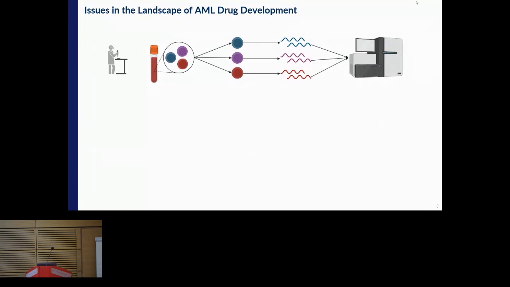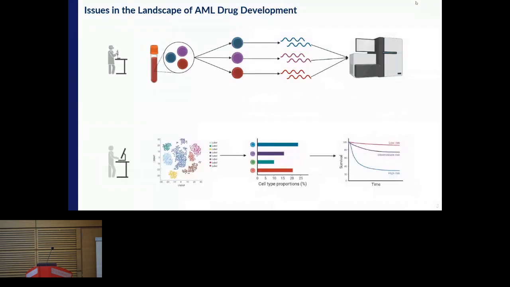However, with the immense volume of data that is generated from single cell RNA sequencing, all of the subsequent analysis often requires somebody with a lot of bioinformatics or computational expertise to perform downstream analysis.